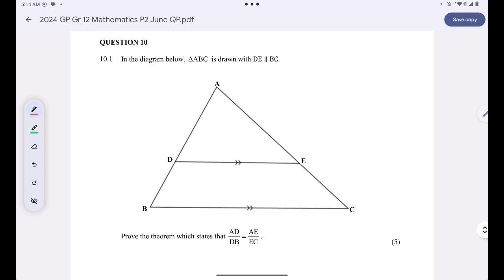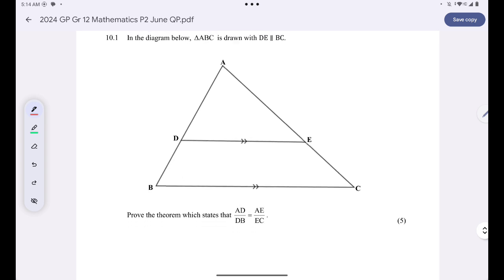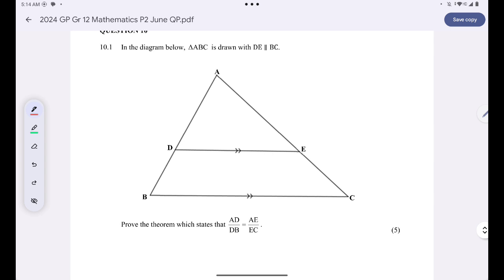Question 10. The first question, I must prove the proportionality theorem. You can't prove the proportionality theorem, guys, or any theorem, without constructing lines.